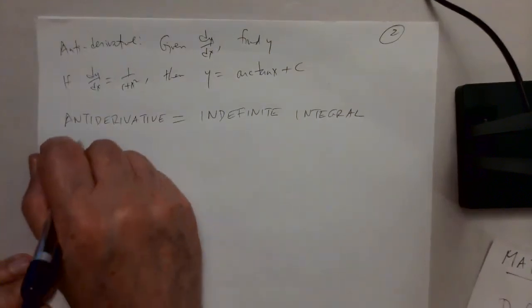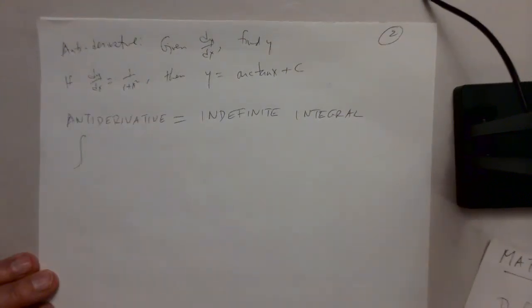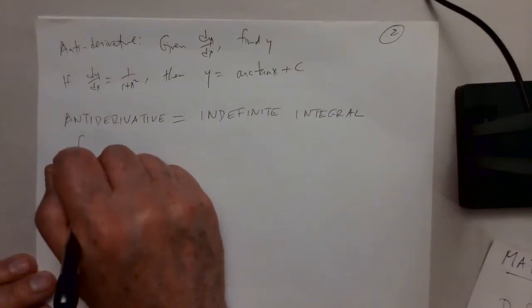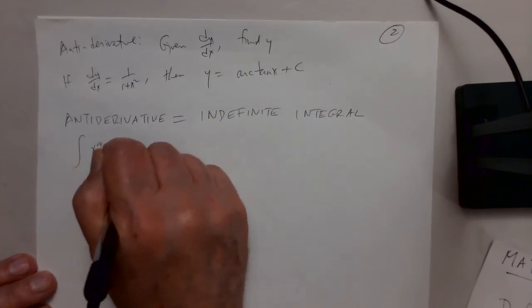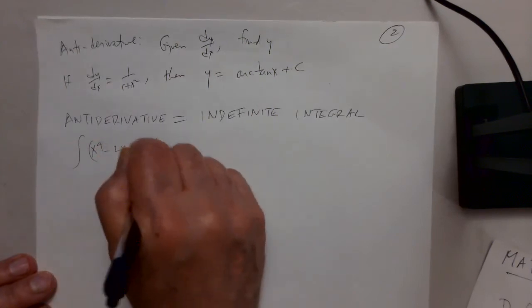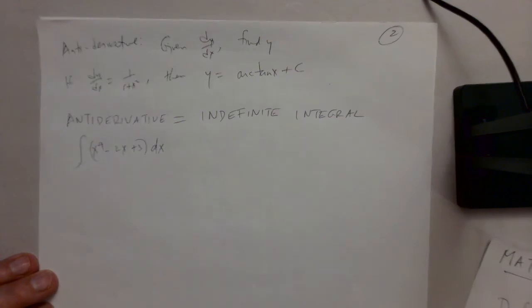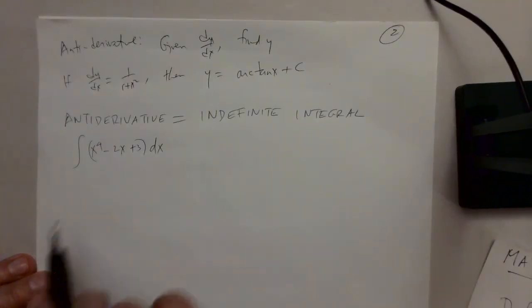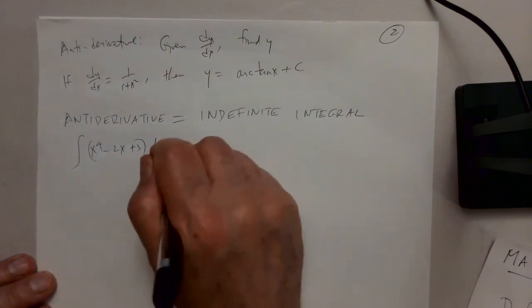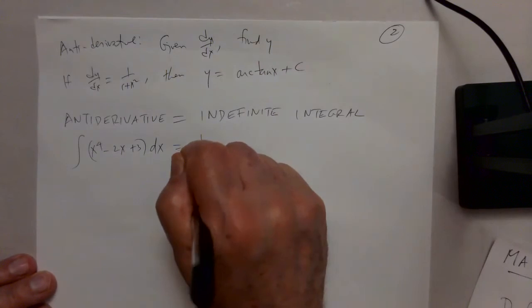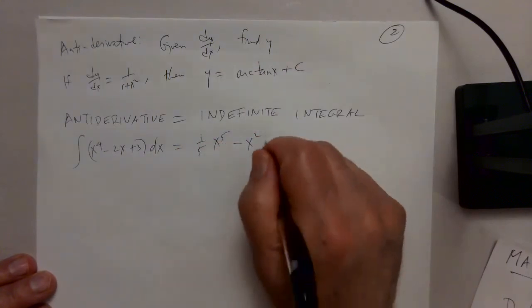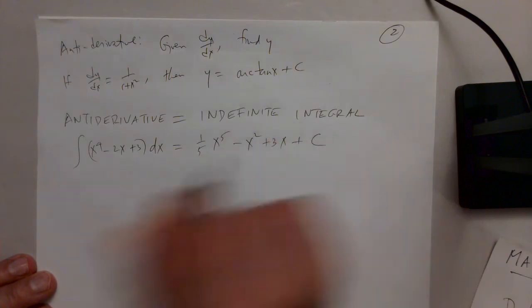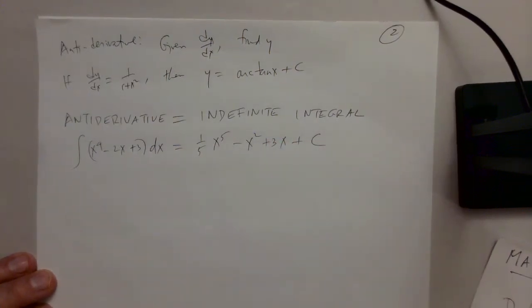So, the notation is this curly sign times the function, let's say x to the fourth minus 2x plus 3 dx. This means find the function whose derivative is this fourth degree polynomial. And such a function is 1/5 x to the fifth minus x squared plus 3x plus any constant.